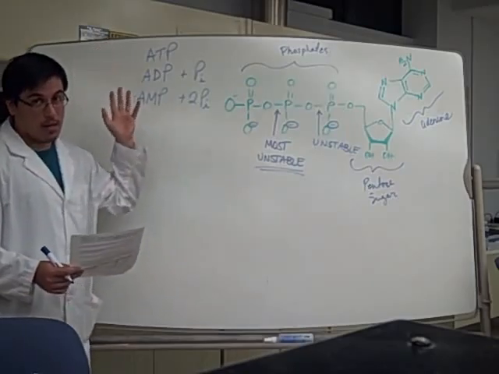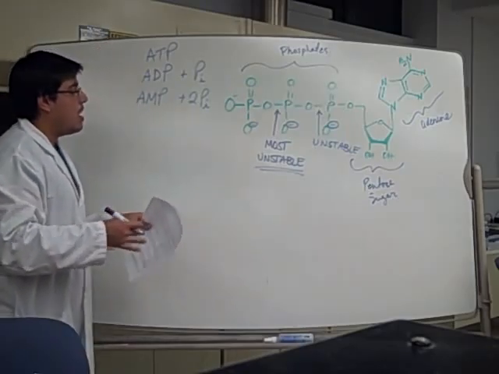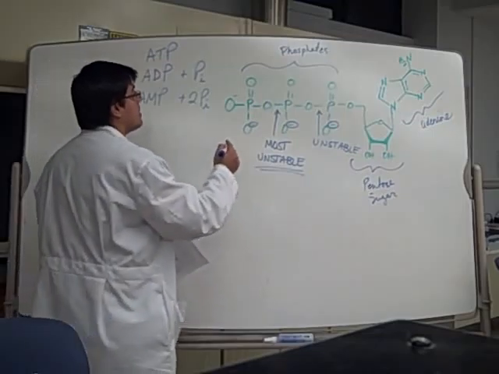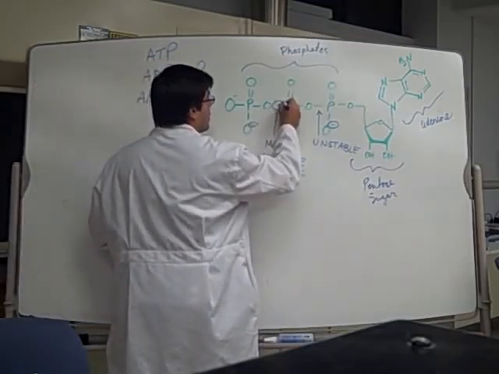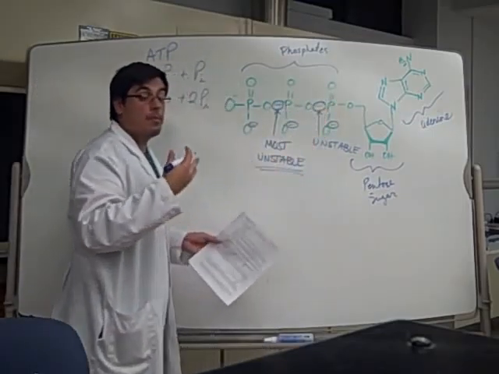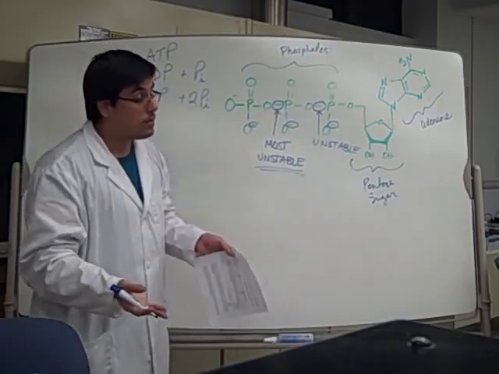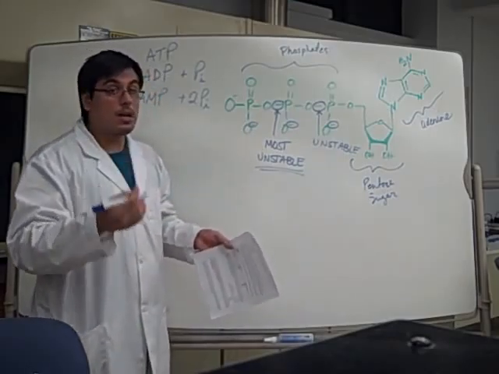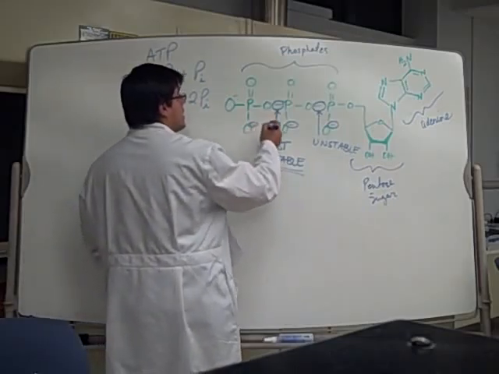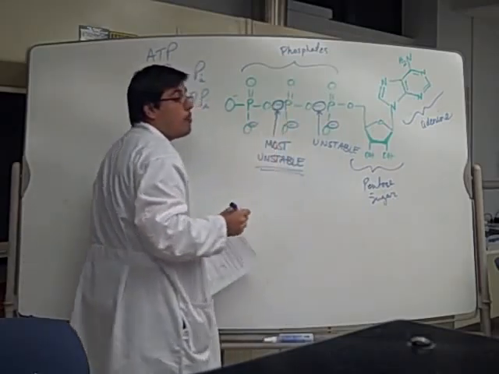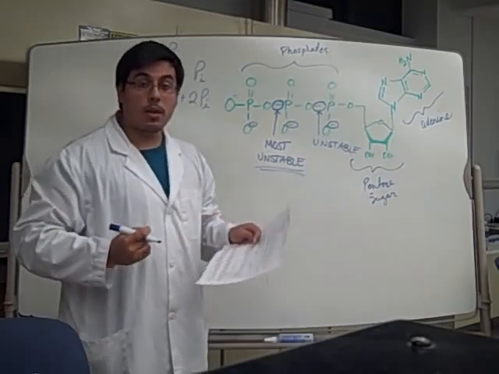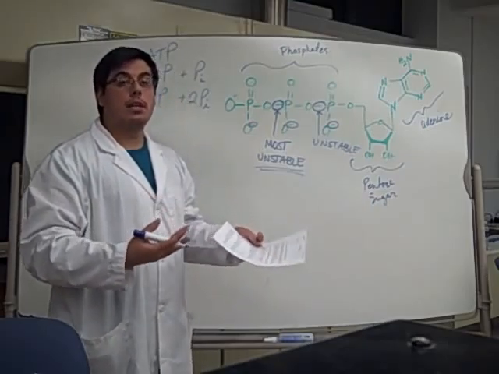ATP, the currency of the cell. Now, the energy that is released is kept in these very unstable bonds. Okay, it is kept within the bonds, not within the oxygen, not within the phosphate, not within the phosphorus. It is kept within these unstable bonds. Once these bonds are broken, that is when the energy is released.